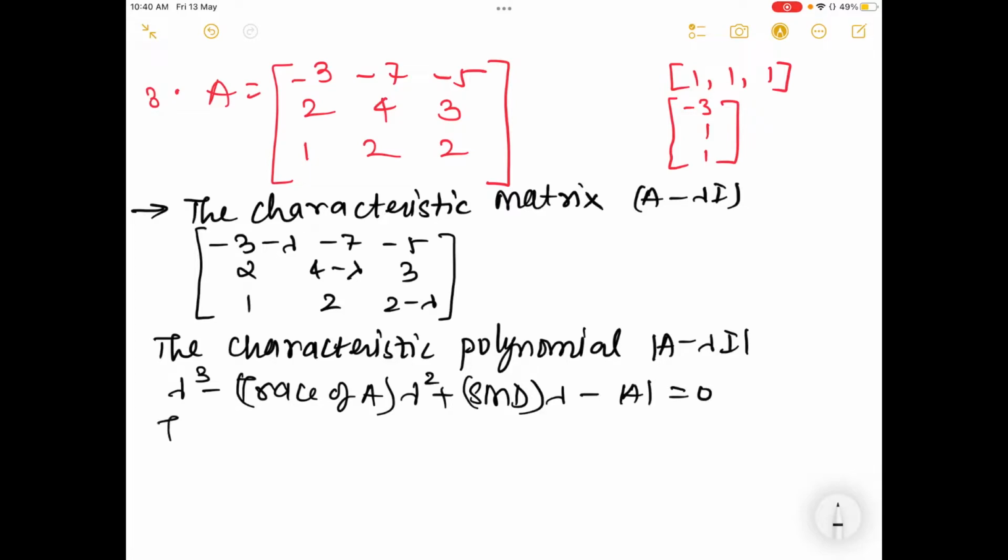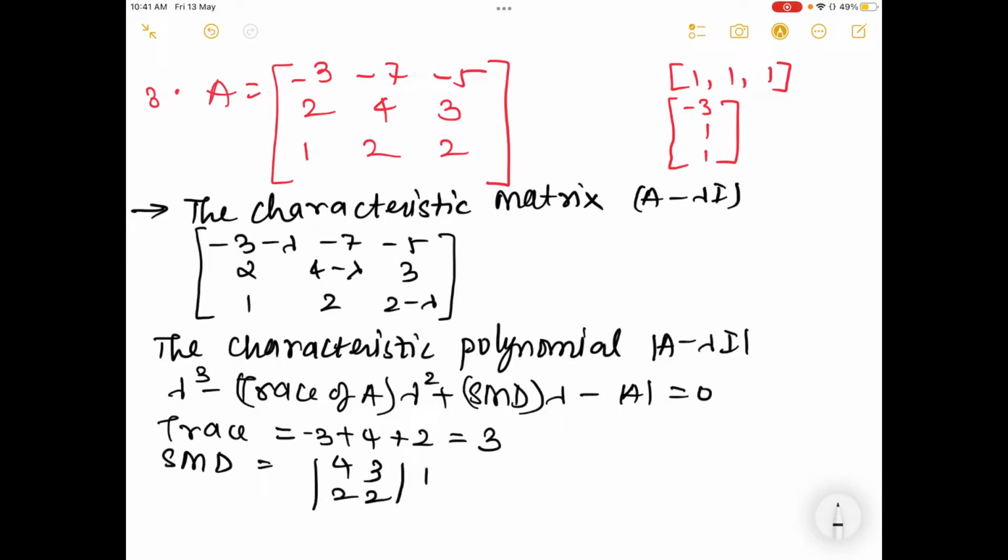So trace will be equal to -3 plus 4 plus 2, which is going to give us 3. Then we have SMD. SMD will be equal to the minors 4 3 2 2, plus -3 -5 1 2, plus -3 -7 2 4.